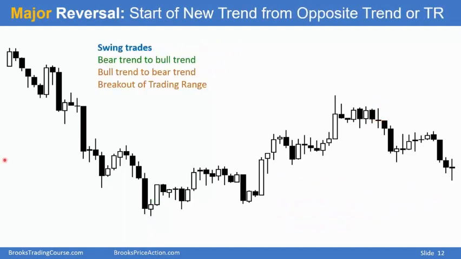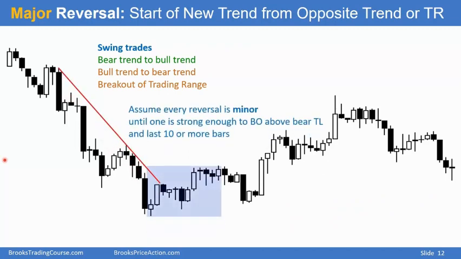I want to talk a little bit here about a swing trade from a bear trend to a bull trend. When the market's in a bear trend, traders assume that every reversal attempt will be minor, which means it'll become a bear flag or a trading range. And they continue to do that until they see a minor reversal that is especially strong.